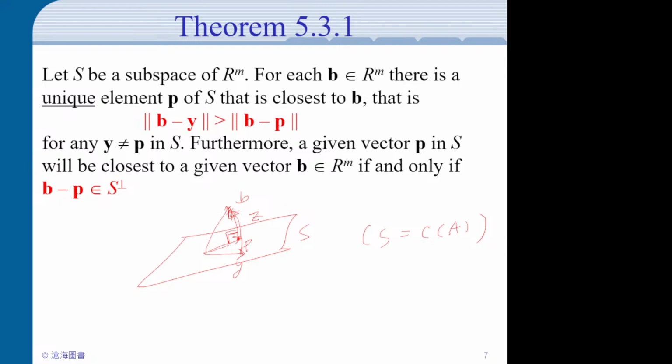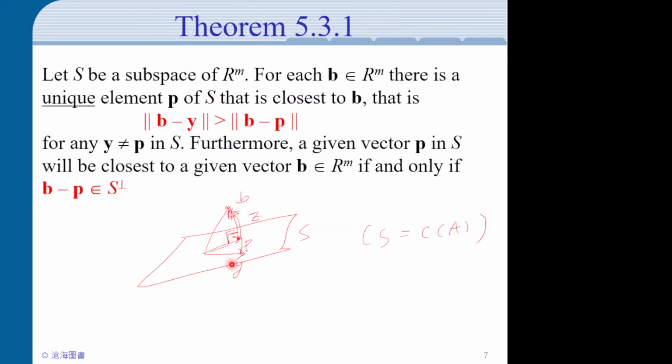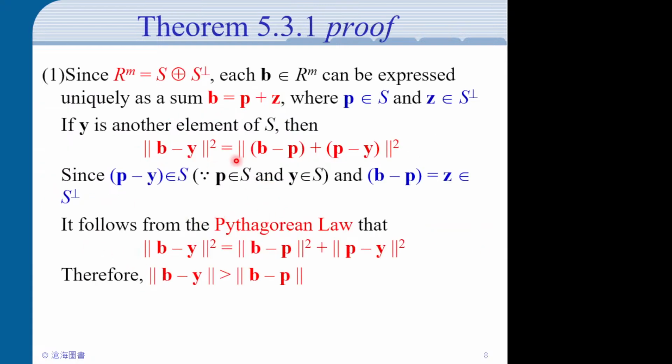The distance from y to p is non-zero because y is not equal to p, and so the squared distance is bigger than just the squared length of z.